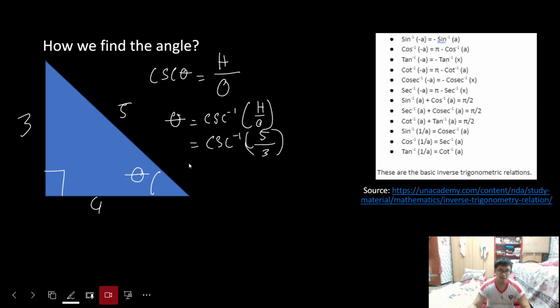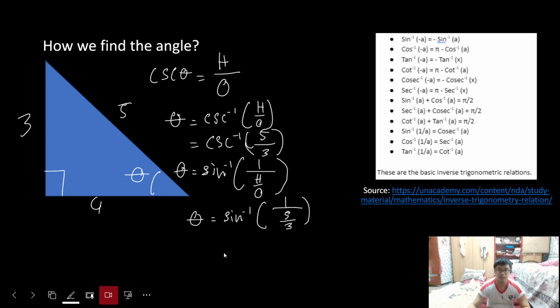So rather, what we're going to use, if you remember earlier, is arc sine of 1 all over h all over O. We're going to use this one. So theta is equal to arc sine of 1 all over your h, 5, all over your O, 3.